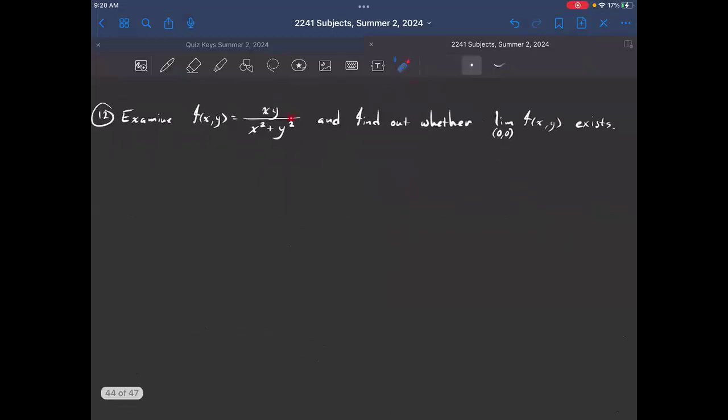We're given a function this time and told to figure out whether the limit at 0, 0 of f of x, y exists. Okay, so let's check. We set x equal to 0 and y equal to 0, we get f of 0, y equals, well, wait, x is on top here times a bunch of stuff, so this is just 0. And f of x, 0 also equals 0.